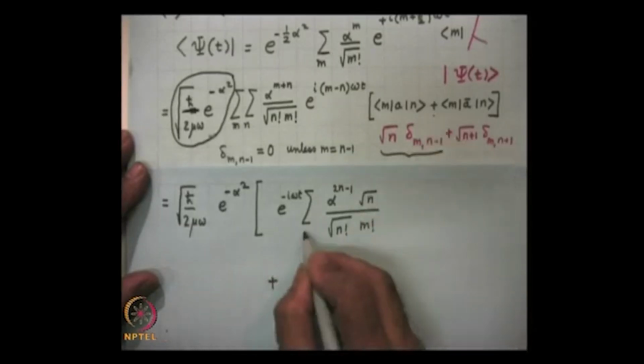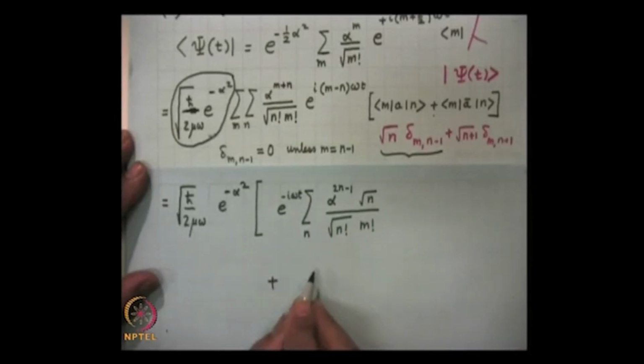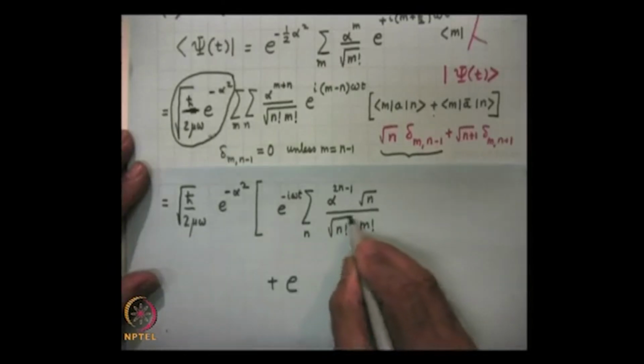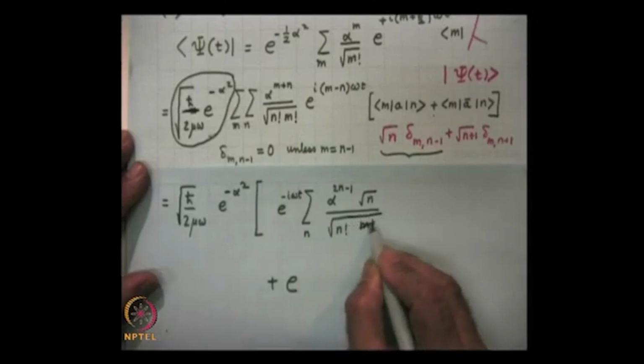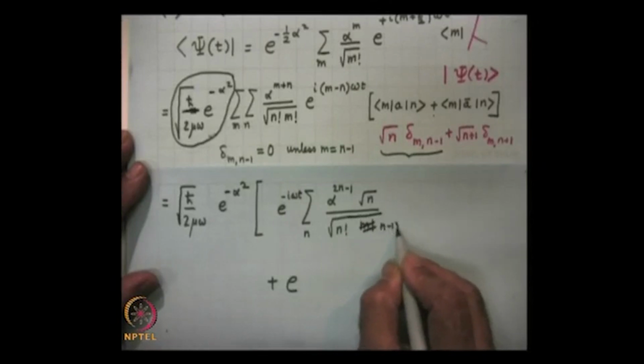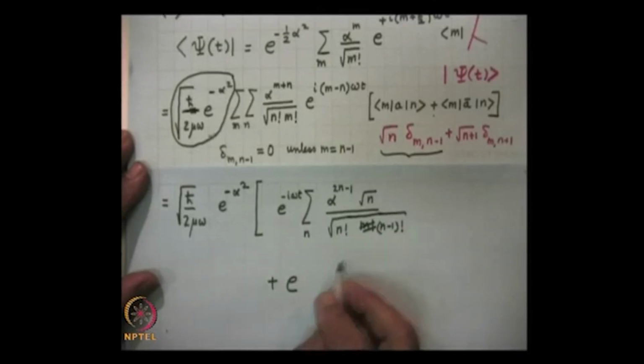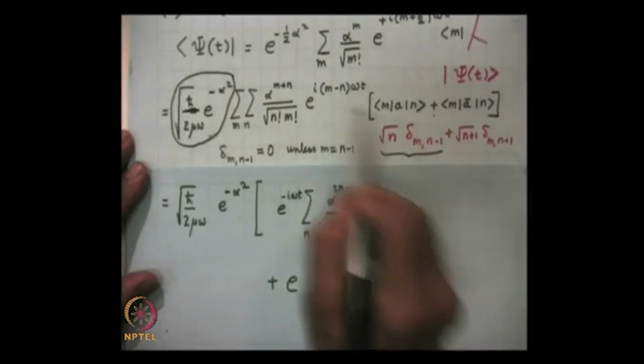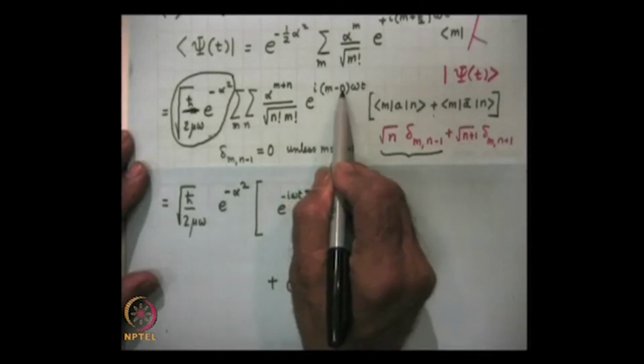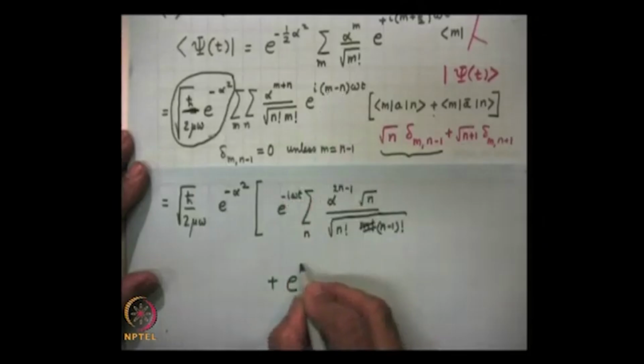This is the sum over n, and this m factorial, because m is n minus 1, will be n minus 1 factorial, and this term will be e to the power of m minus n, so n plus 1 minus n is 1.